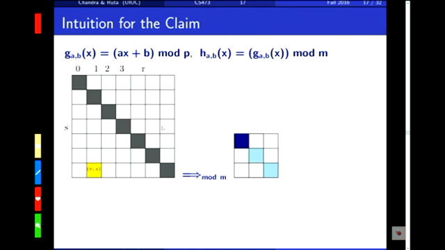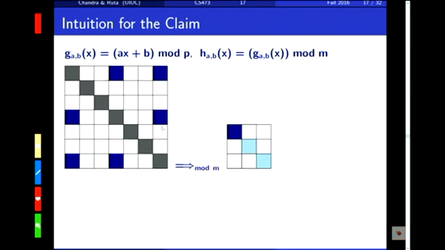And you want to exactly count how many cells in this square actually collide to any of the diagonal entries in the smaller matrix. Because diagonal entries are exactly saying that R mod M equals S mod M. Okay?